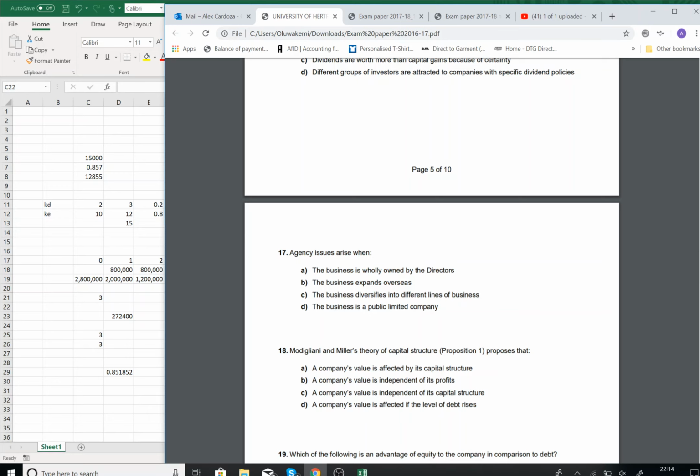Okay. Agency issues arise. Well, it could arise in any one of B. I mean, B and C don't really make sense. So it's going to be D, because that's when shareholders get into ownership. So agency issues arise when there's a separation of ownership and control. So the people that are controlling the business, the directors, don't act in the best interest of the shareholders, which are the owners. So agency issues will arise in that case. So the answer is D.